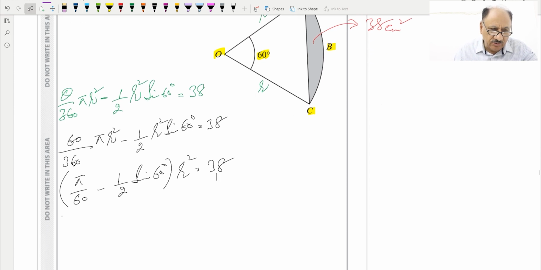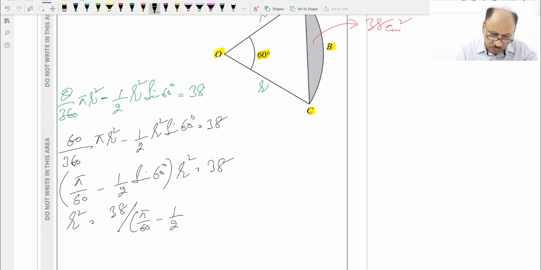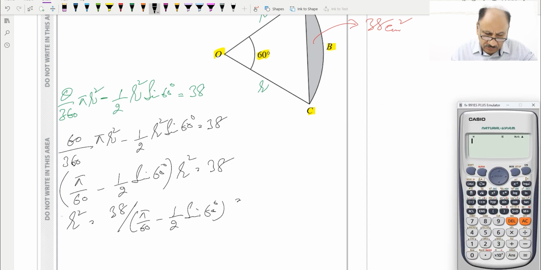So r square value will be what? R square will be equal to 38 over pi over 6 minus 1 by 2 sine of 60 degrees, so r square is 38 over, in brackets, pi over 6 and minus 0.5 sine of 60 degrees, and that's all.